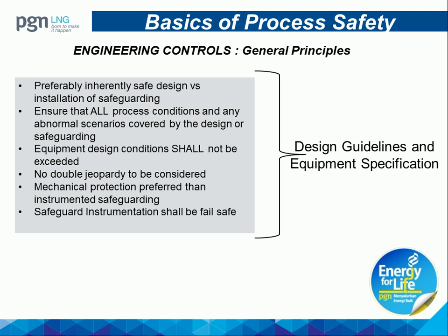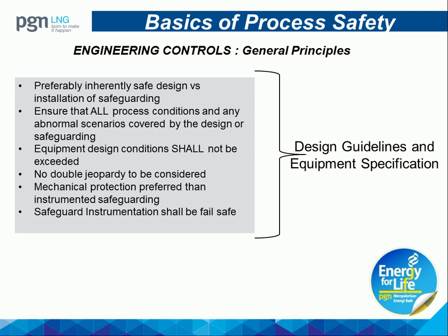It's a general principle that we need to have an inherently safe design instead of installation of safeguarding. Sometimes it's better to increase the design pressure to the maximum design achievable instead of having a pressure relief valve.